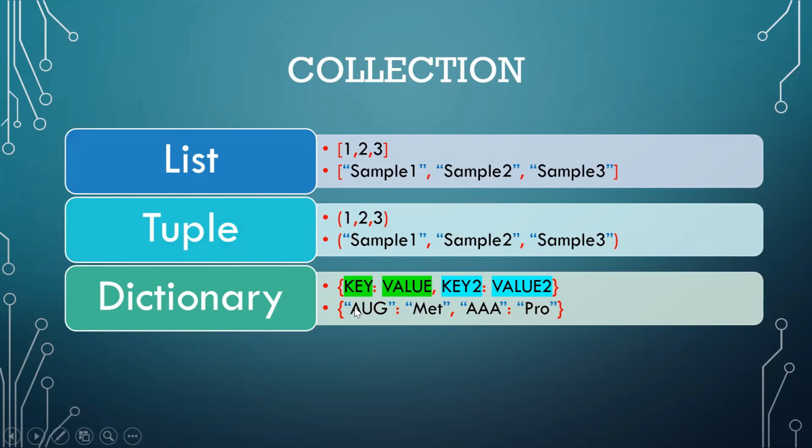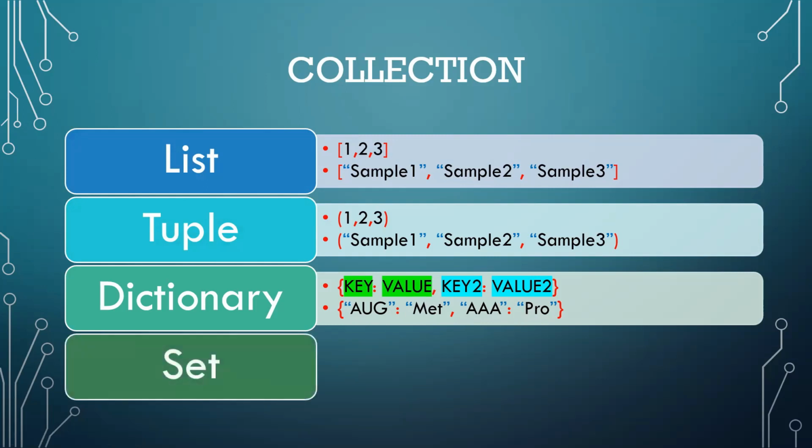All right, so here as an example, the codon AUG between quotations, because it's a string, I assign to it the amino acid MET. Okay, and so this is the first index. Now, comma, which means what comes after it is the second. AAA is proline, also separated by the colon. Okay, we're going to talk about this in detail in a bit.